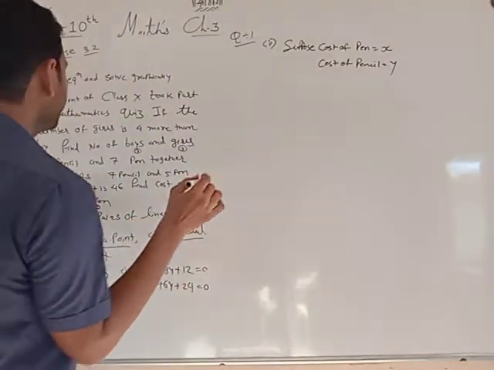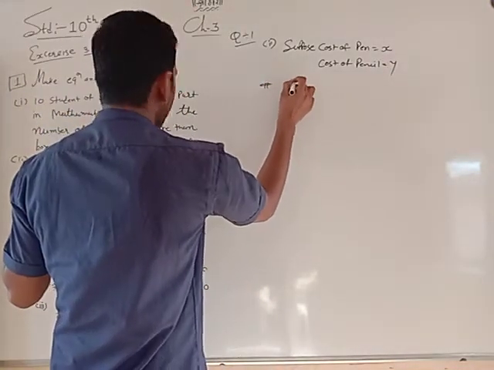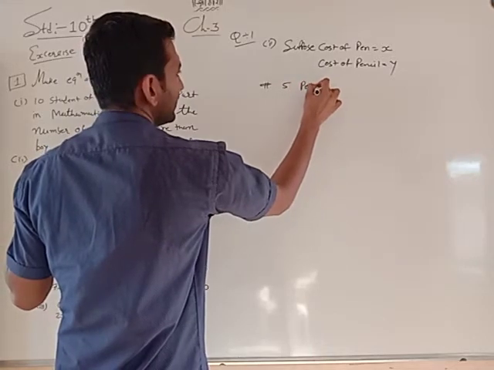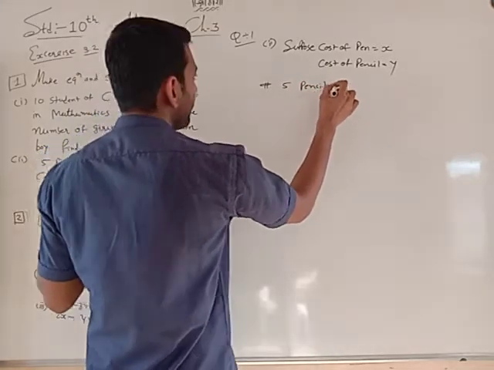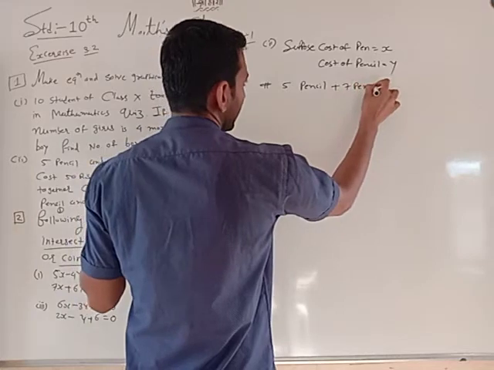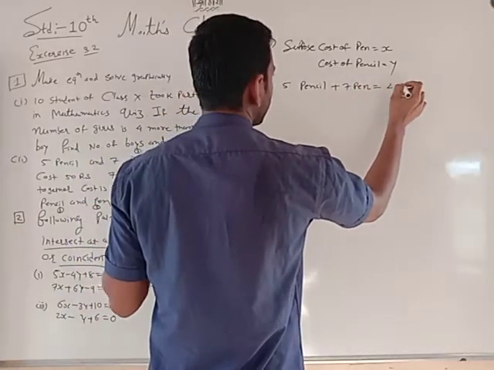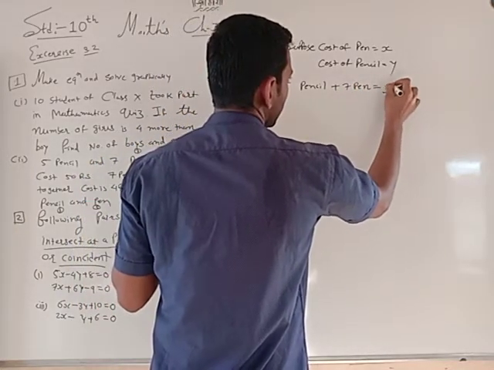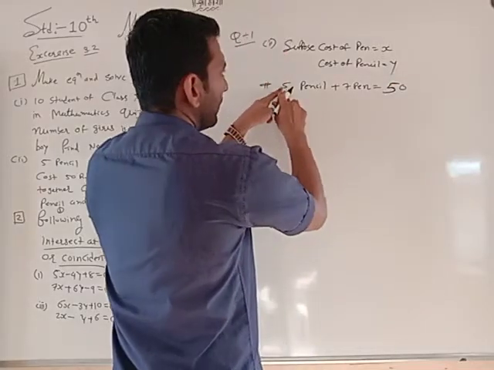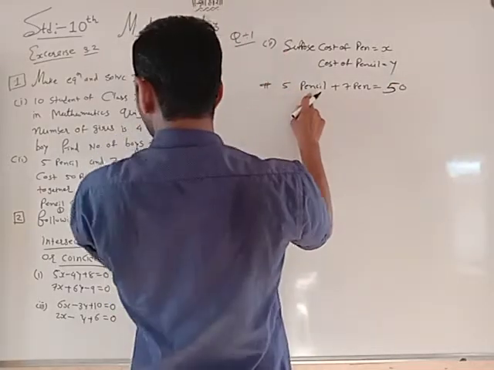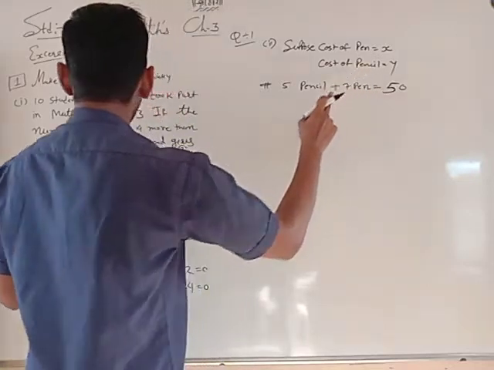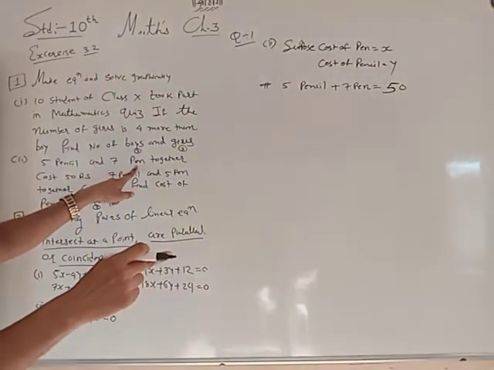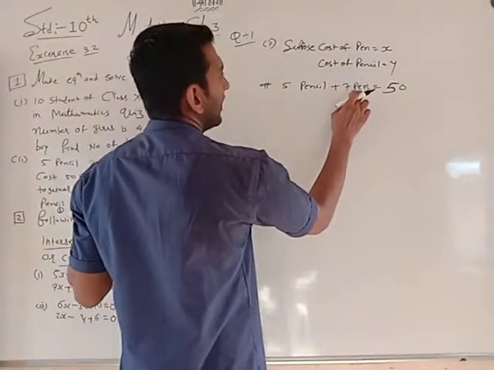The first sentence is 5 pencils plus 7 pens is equal to 50 rupees. So the cost of a pencil is y, and a pen is x.